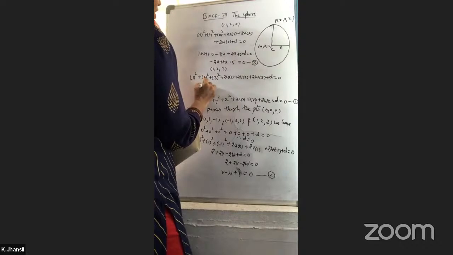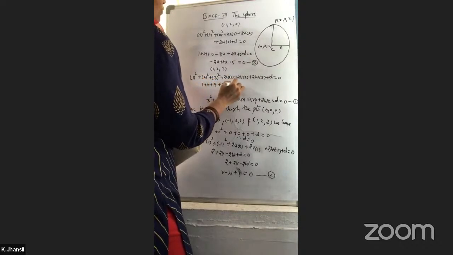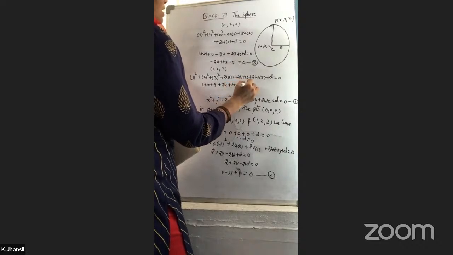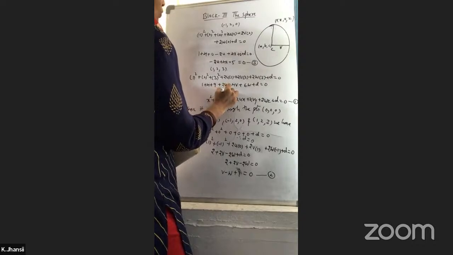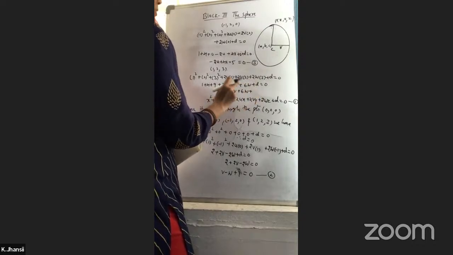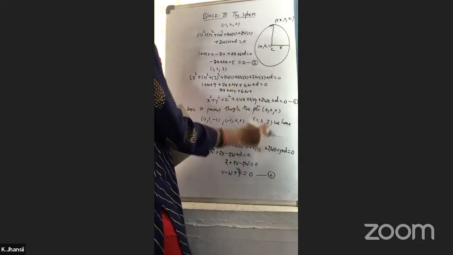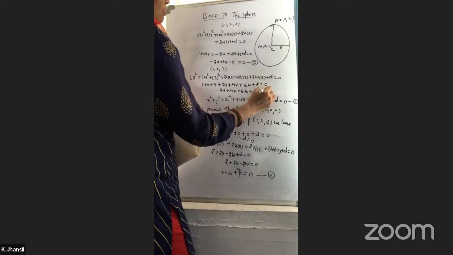So 1 square is 1, 1 plus 4 plus 9 plus 2u plus 4v plus 6w plus d equals to 0. 2u plus 4v plus 6w plus here d value is 0 from this one. Okay, here 9 plus 1, 10, 10 plus 4 is 14. 14 is equals to 0.